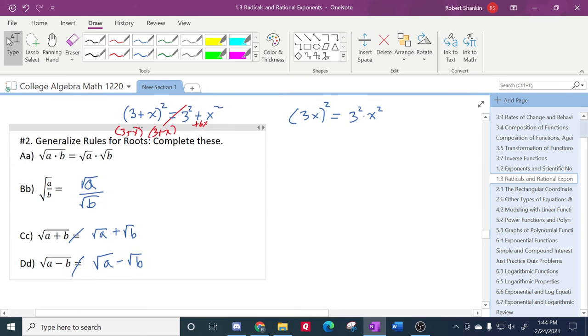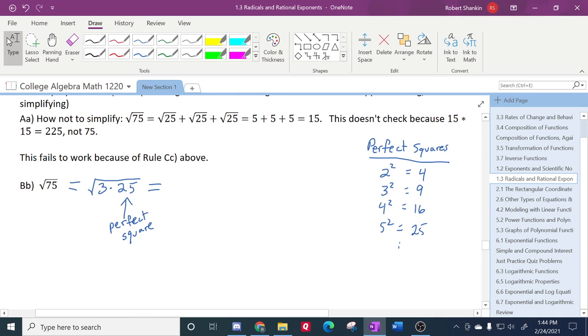If it's all one term, I can distribute the square roots, make two separate square roots, and this will be fine. Actually, I think it would have been better if I'd put the perfect square first, because then I wouldn't have to turn it around. And then I'm going to get 5, and we tend to put the square roots in the back, 5 square root of 3.